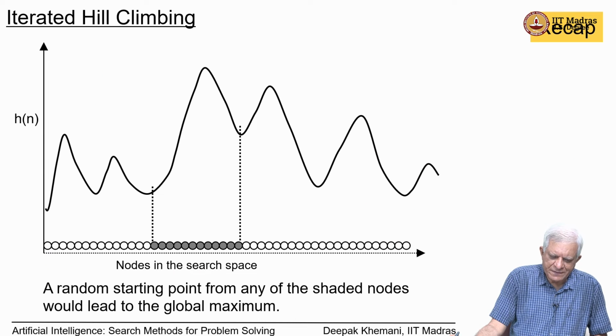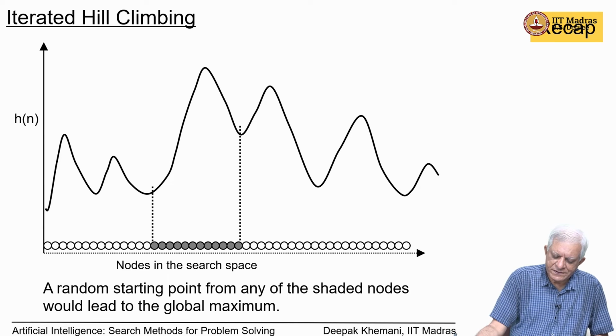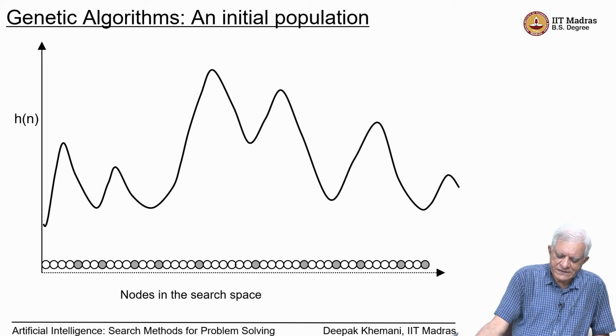So, iterated hill climbing, we said, had a footprint which said that if you started from any one of these shaded nodes, then you would reach the global maximum. So, it really depends on the shape of the curve. In genetic algorithms, we start with the initial population which is random and diverse.